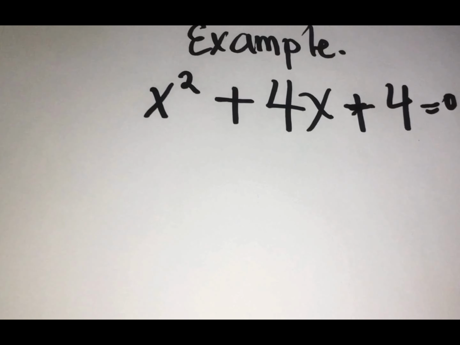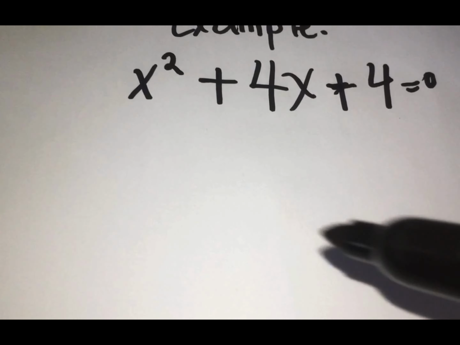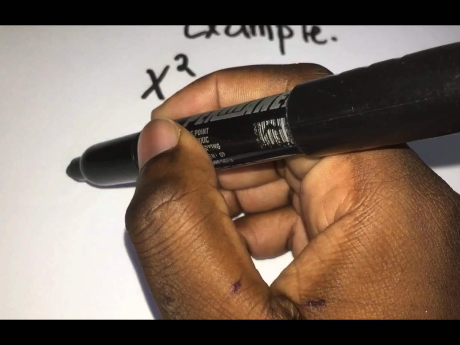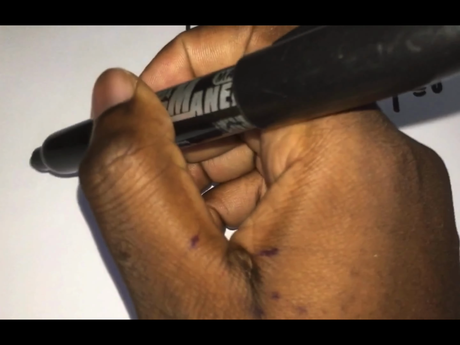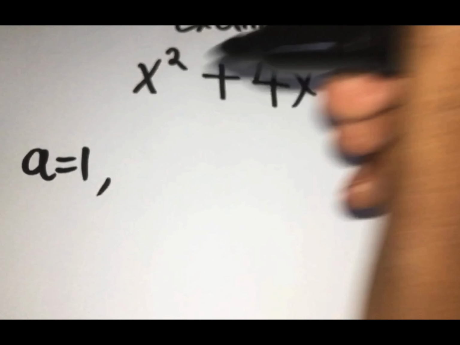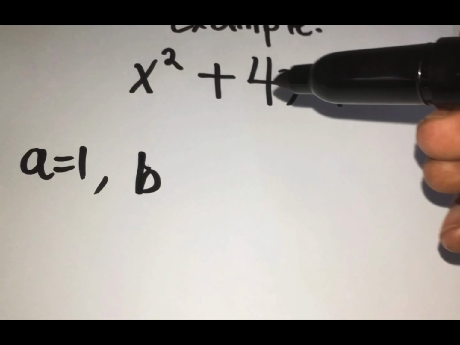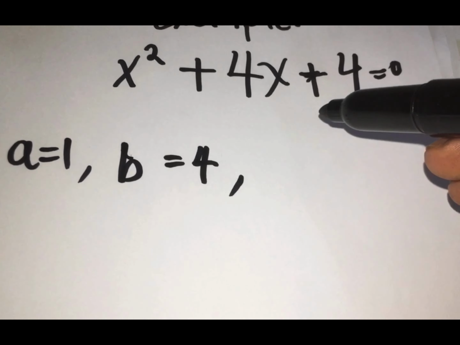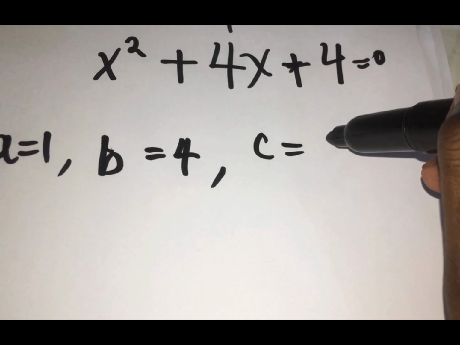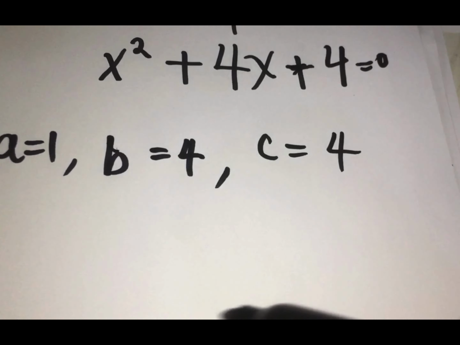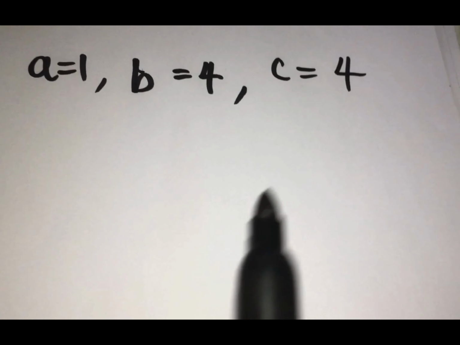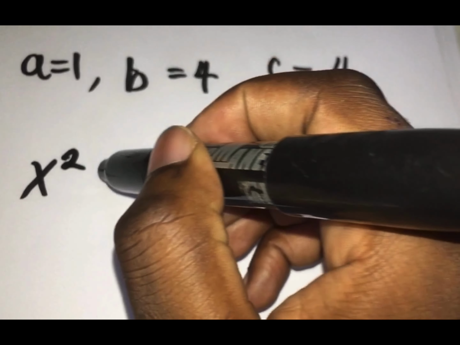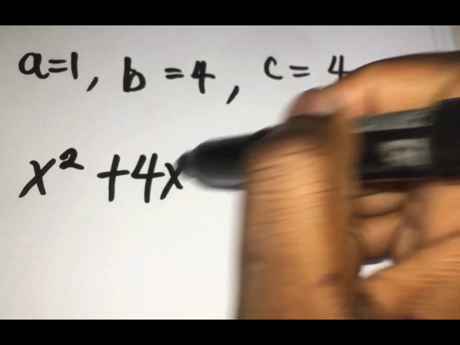We have an example here using the complete square. We're going to say our a is 1, our b is 4, our c is also 4. Next step, we say x squared plus 4x.